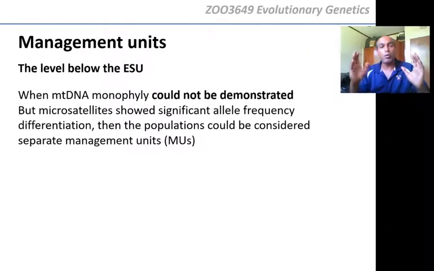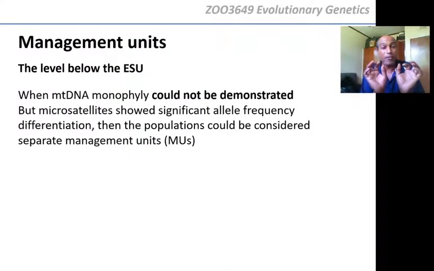So an ESU, which is significantly different at mitochondrial DNA from other ESUs, but within the ESU, you've got two populations which are, say, paraphyletically related. So there's no monophyly between those two populations inside the ESU, but if you look at their nuclear DNA, the microsatellites, there's actually significant population structuring between them.